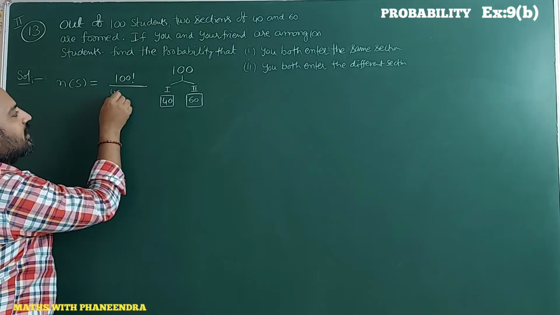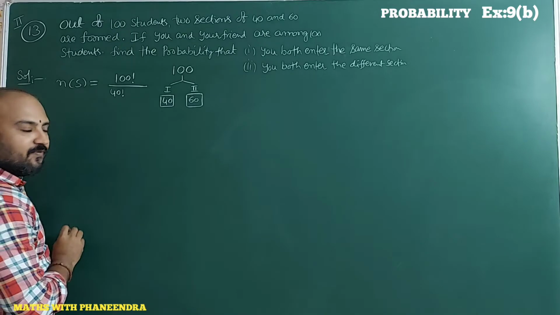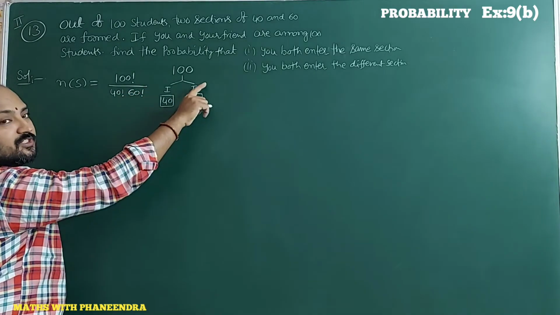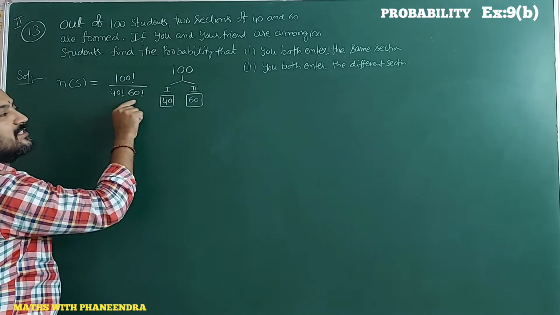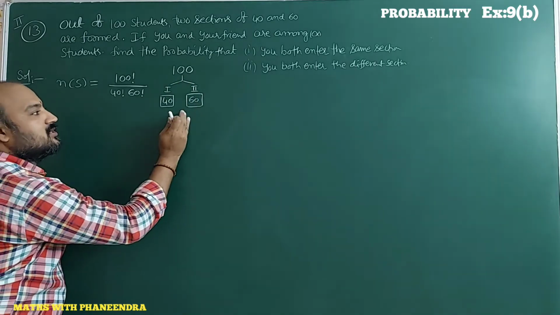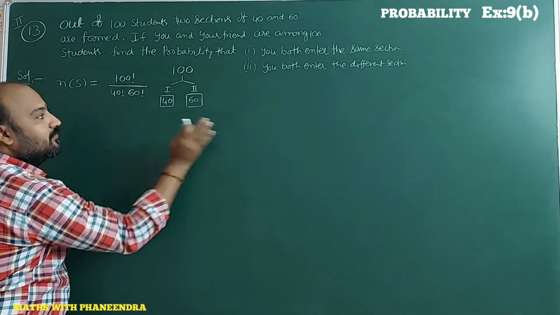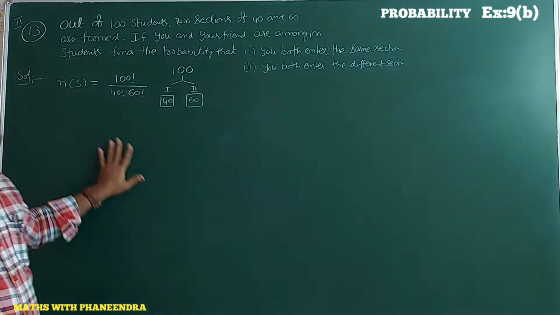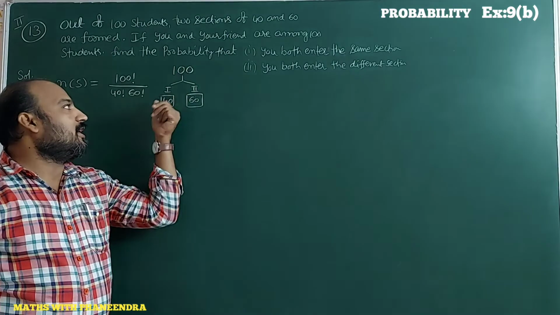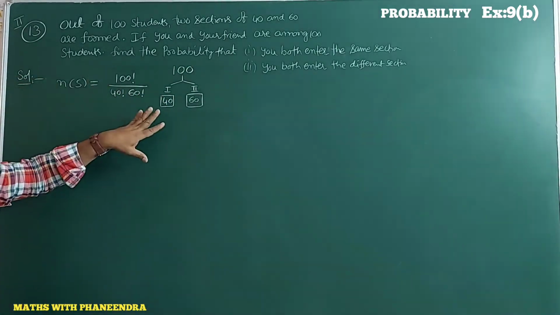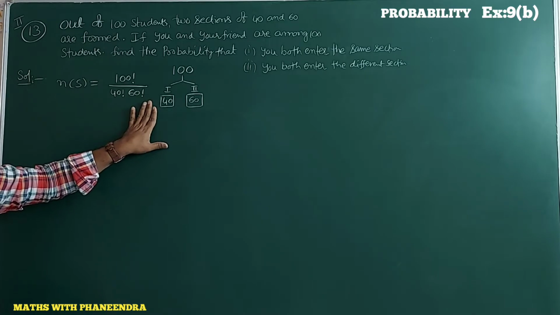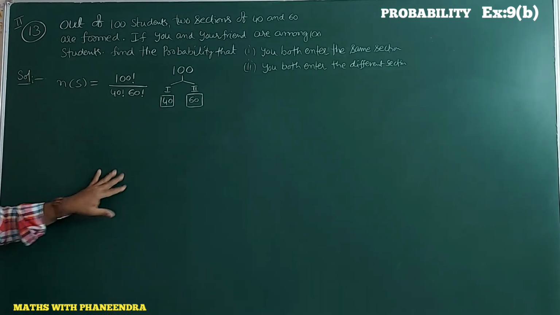The 40 students group can be arranged in 40 factorial, and the 60 students group can be arranged in 60 factorial. They are alike students. I hope you people understand. This is n of S. So 100 can be divided into two groups. So 100 factorial by 40 factorial into 60 factorial. This is the n of S.